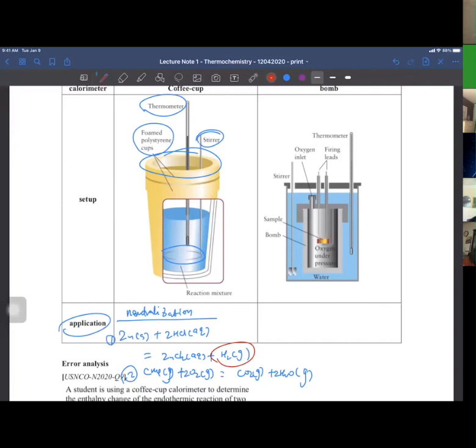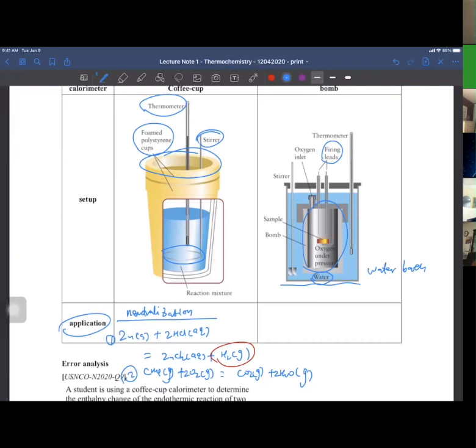So this is why we need to have the bomb calorimeter. If you have a look at the structure, there is a bomb inside. The bomb is a kind of closed system, and the bomb is put into a water bath. Then we can put the gas or the reactants in the bomb in advance, and use electricity to initiate the reaction, for example combustion or any other reaction.